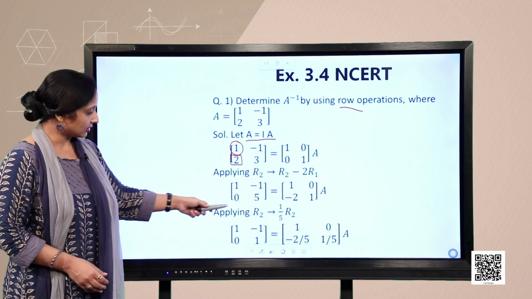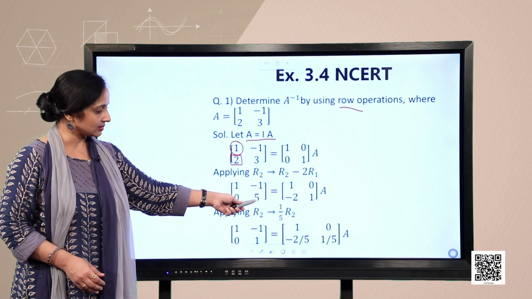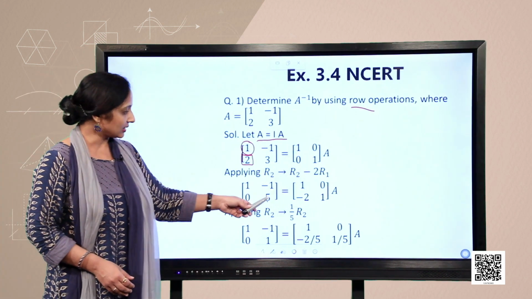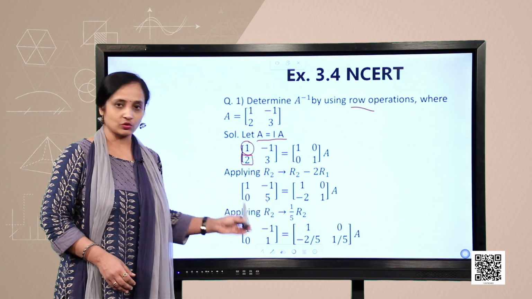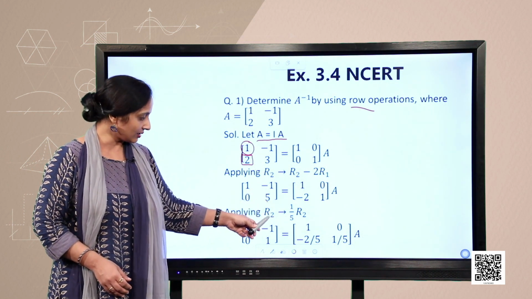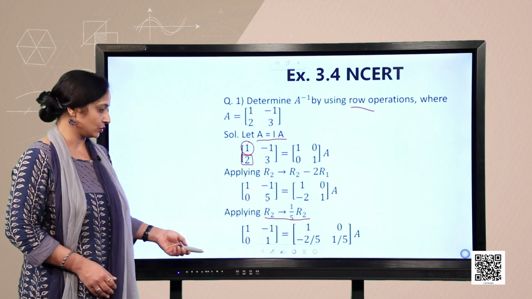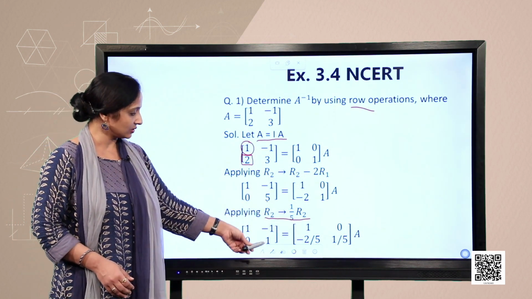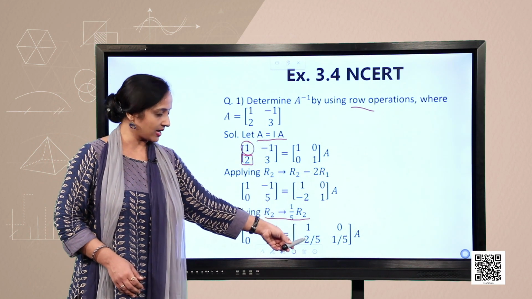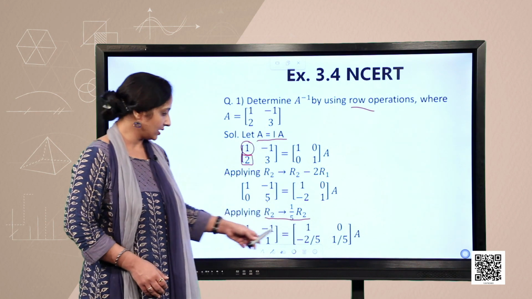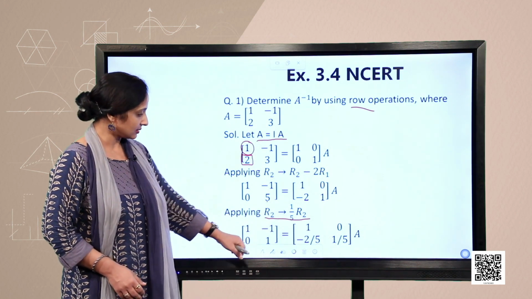Let's proceed further. The next step is to make this element a22 as 1. For that, we have to divide this row by 5. So we can write it as R2 changes to 1 by 5 R2. So this becomes 1 here, this becomes minus 2 by 5, and this one changes to 1 upon 5.